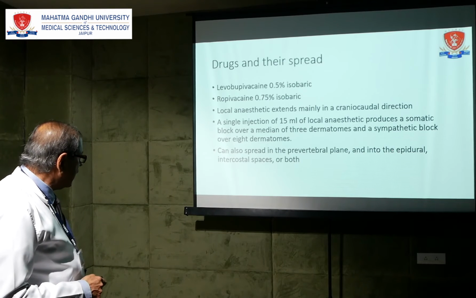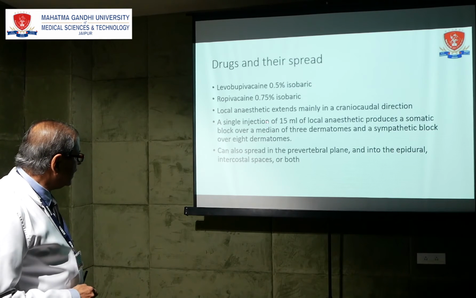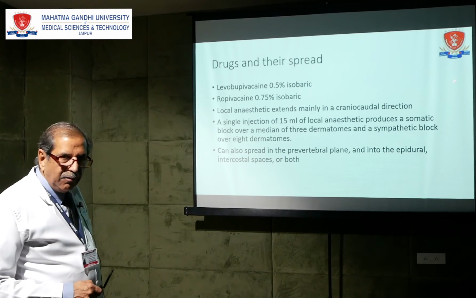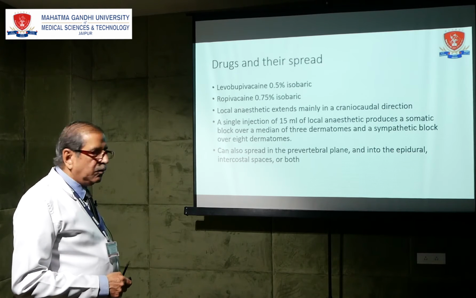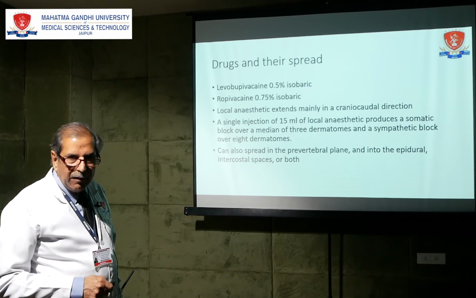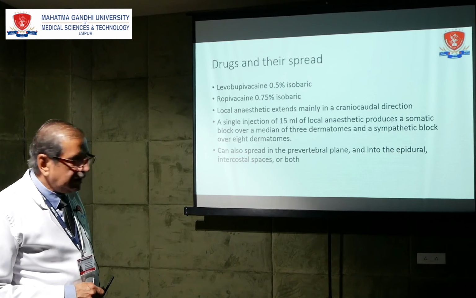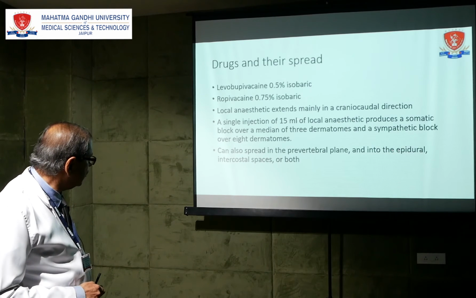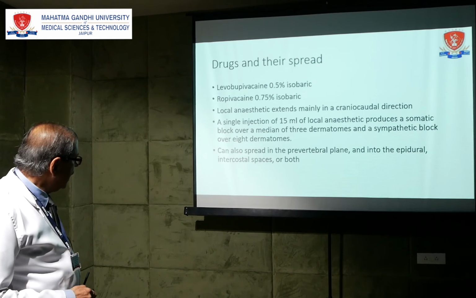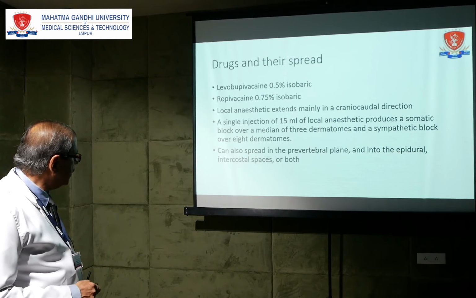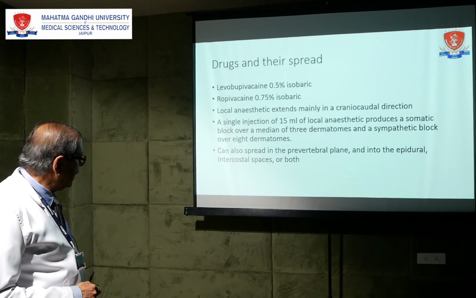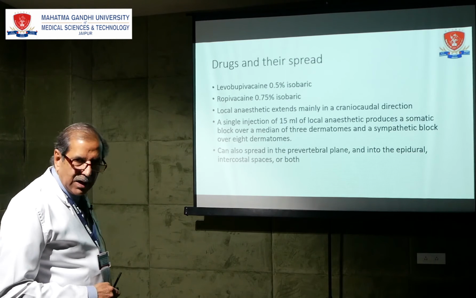The volume required for one segment is around 3 to 5 milliliters, and if you want to block 4 to 5 segments in a single injection, you have to deposit a large volume, and it is possible for this volume to spread upwards, downwards, and some of it laterally also.